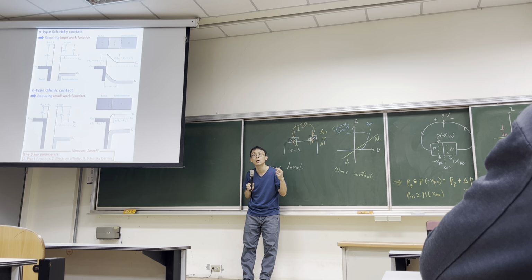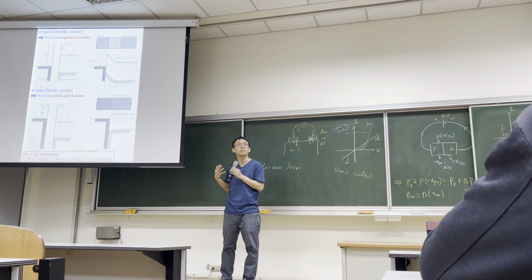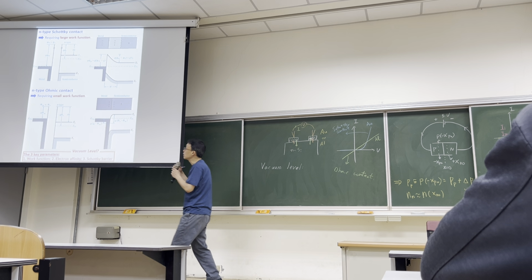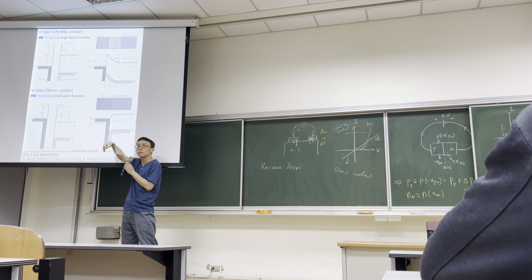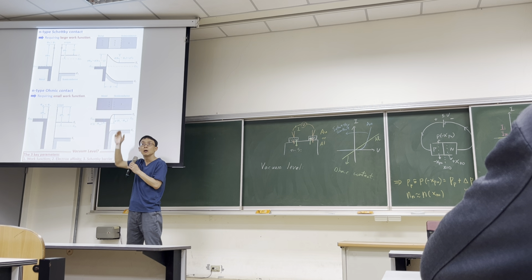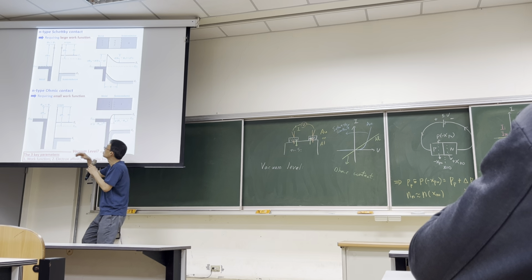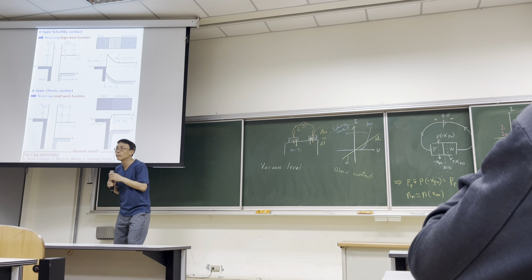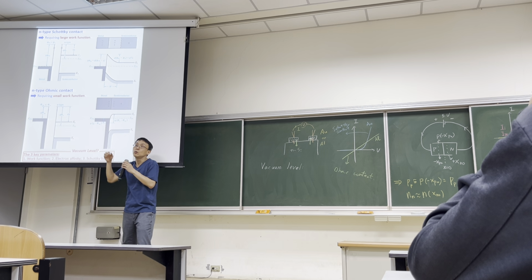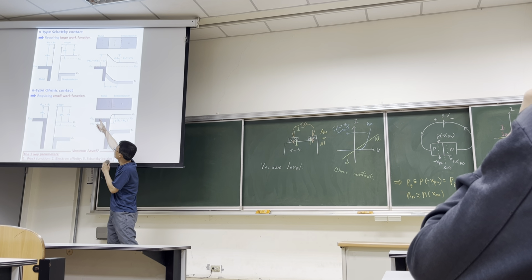Because work function is the key parameter determining whether this bending is going down or going up. Okay, if you choose the work function smaller, like aluminum, you will make the bending going down, reducing the potential barrier for the electron to move from metal to the semiconductor.